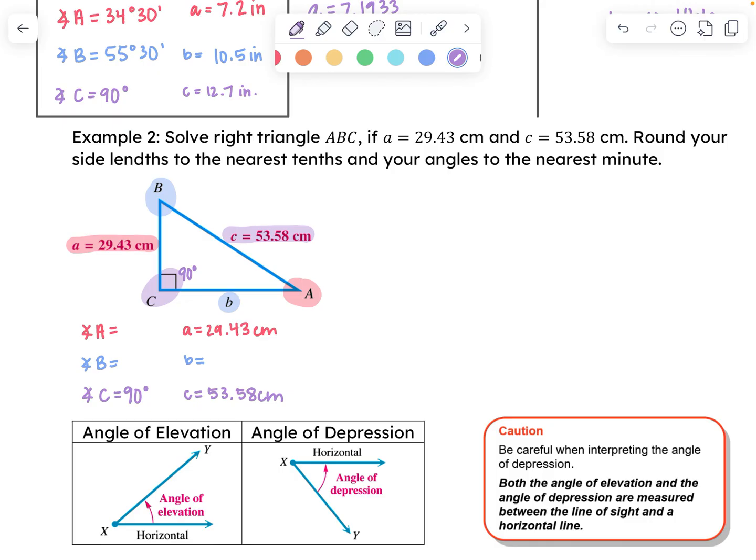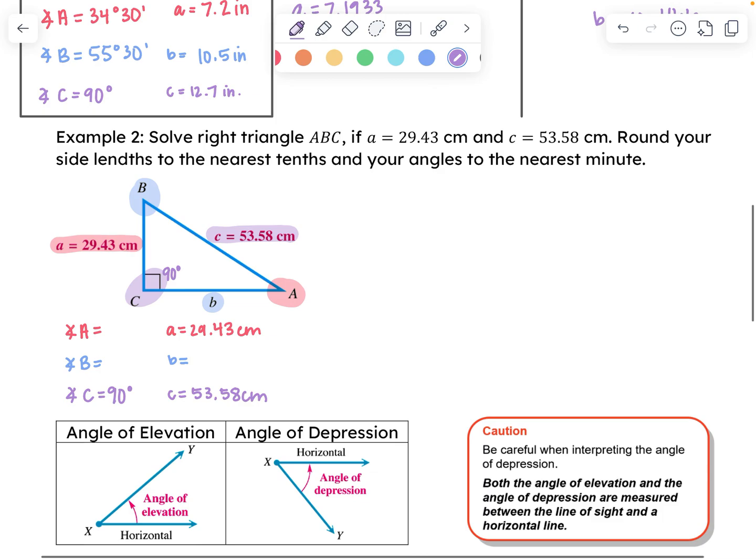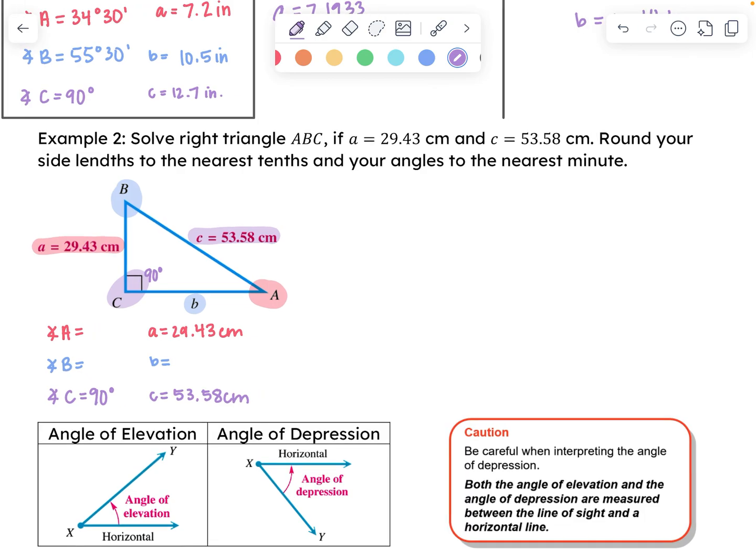Let's start with our side lengths this time since I know two of those. And since it is a right triangle, we can use our Pythagorean theorem to help us find our missing side length. So that's going to be the first thing that I do, find that missing side length.